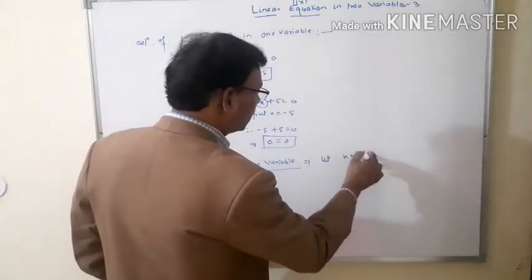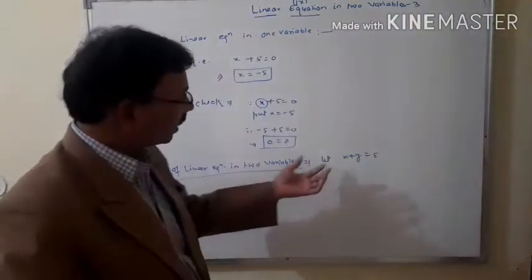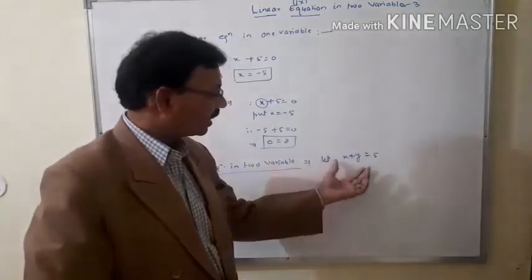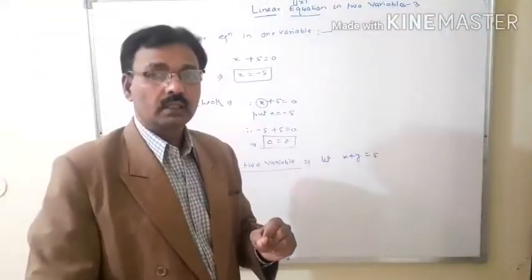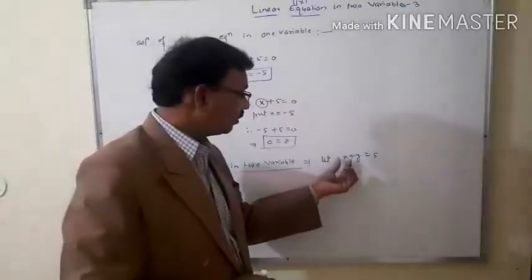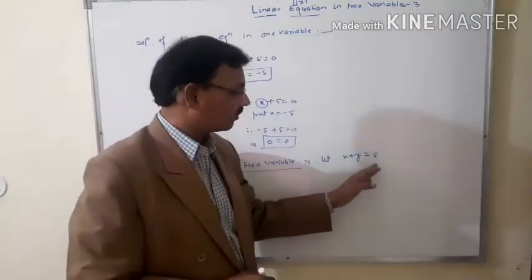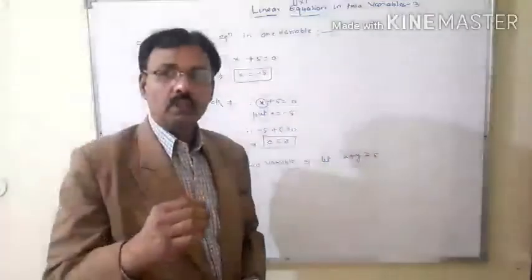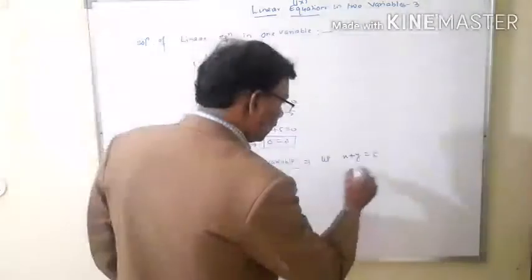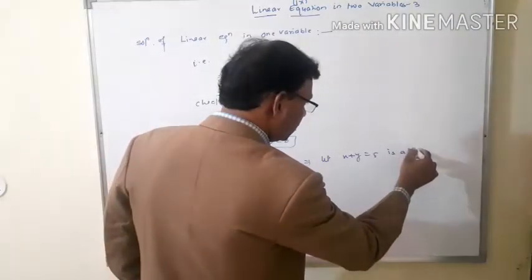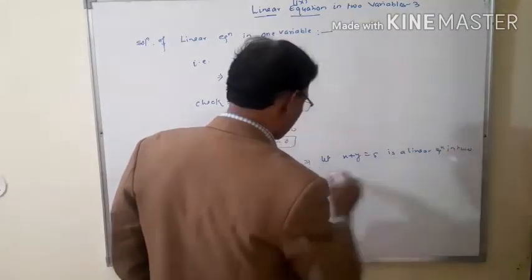Suppose x plus y equal to 5. This is a linear equation in two variables, and if we want to find the solution of this equation, then we can take a value of x or y, that means any one variable of this equation.